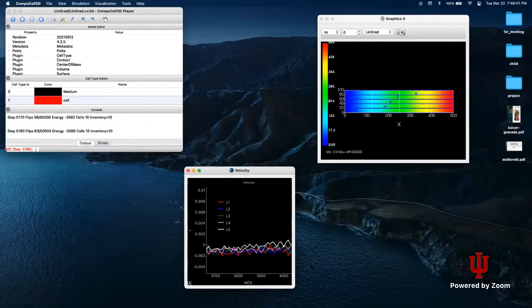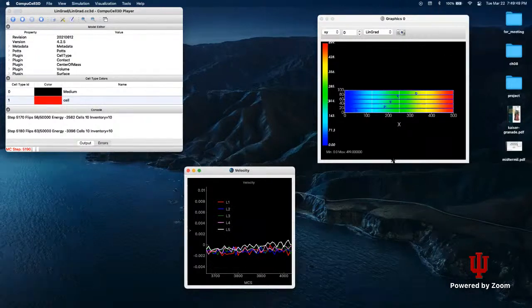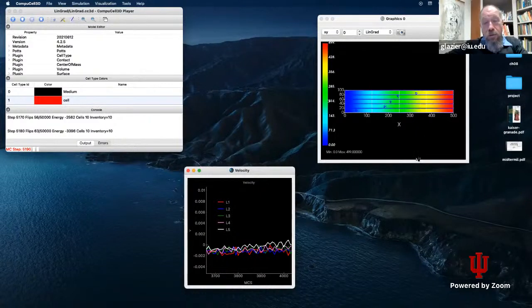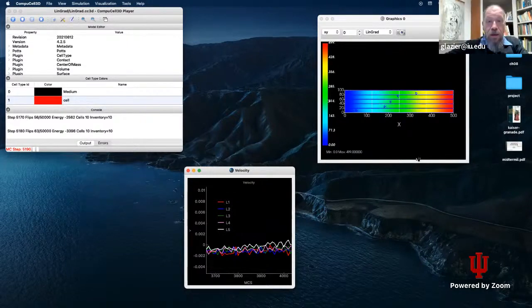So you're saying I should do it over 500? Well, that would be 500 in space rather than in Monte Carlo steps. When you measure velocity, it's distance over time. And so you have a choice. You can say, I'm going to measure how far I went in 500 Monte Carlo steps.